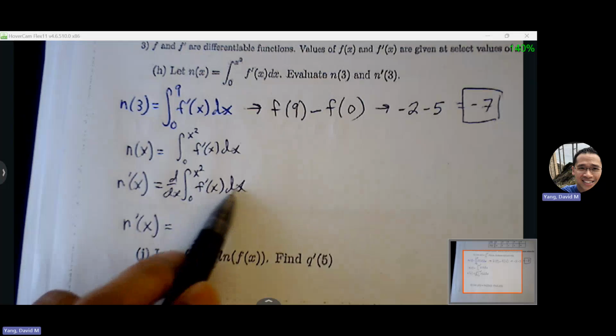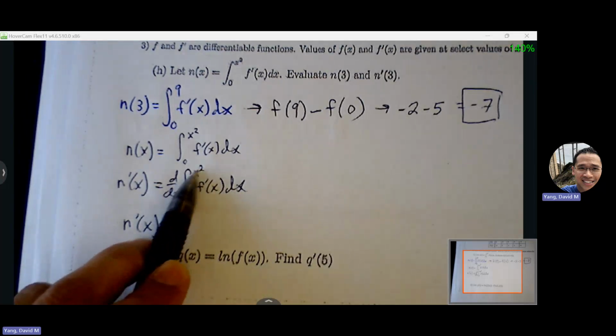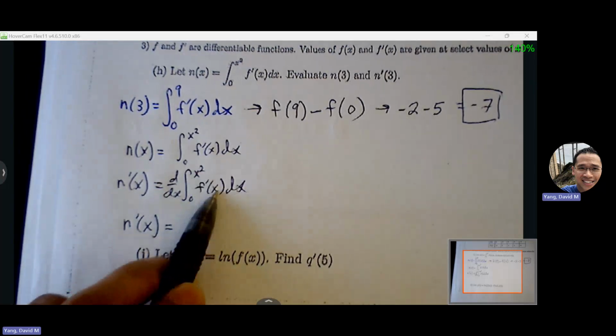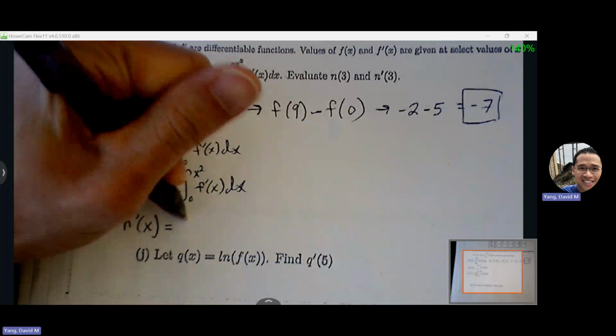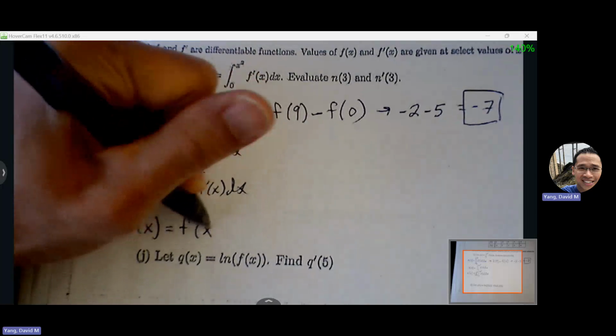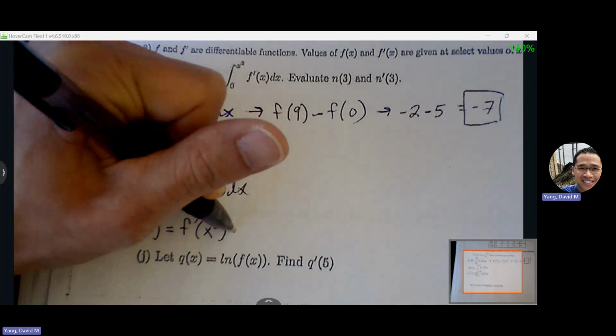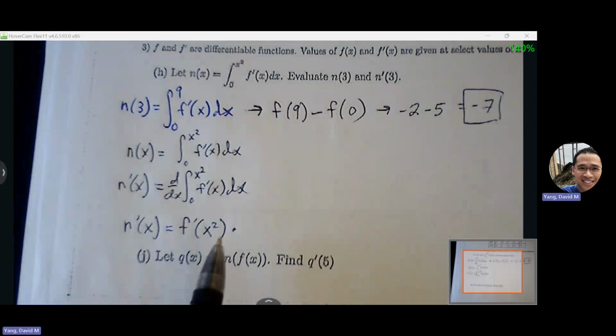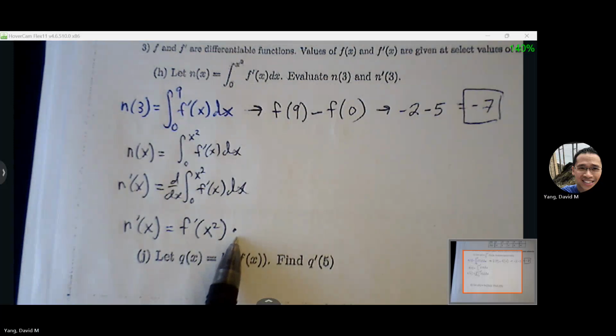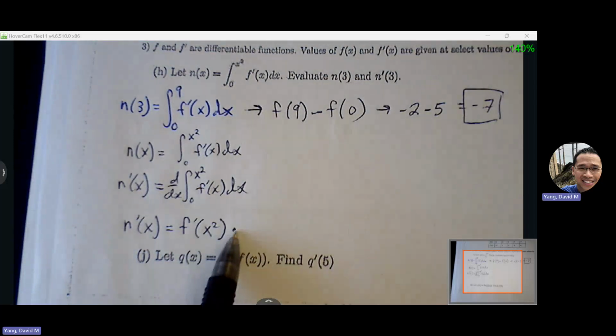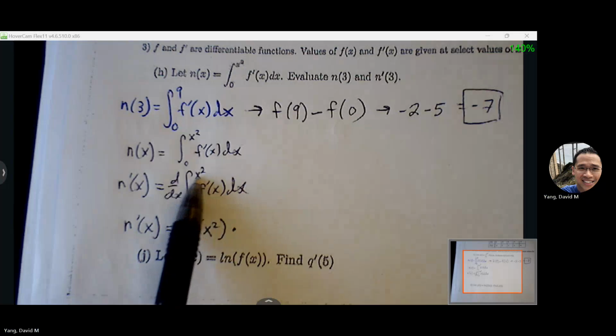Technically, these should be t's here, so x should be plugged into t, but it's okay. X squared in for f prime, so it's f prime of x squared, but times, what do we also need to include here? Times what? X squared becomes 2x, yeah.